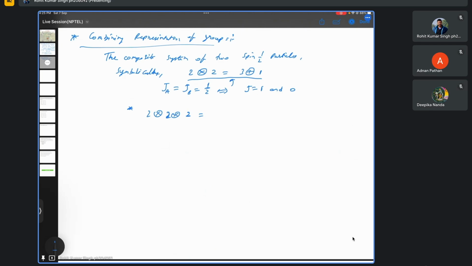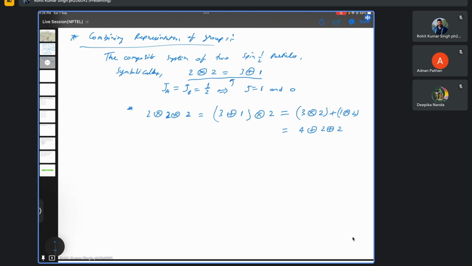Since 2 cross 2 we had this thing, and then this grouped with 2, you get 3 cross 2 plus 1 cross 2, and in total you will get 4 plus 2 plus 2.